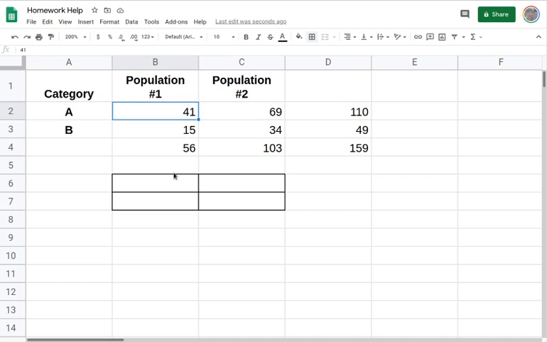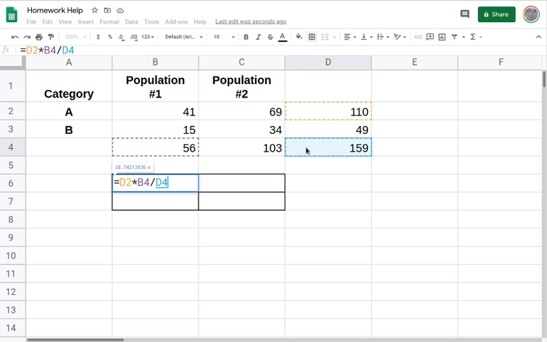So for the top left, I take the top row, I multiply that times the leftmost column, because that is where the top left value comes from. So it's the top row and the left column. Multiplying those together and then dividing by the total, the 159.